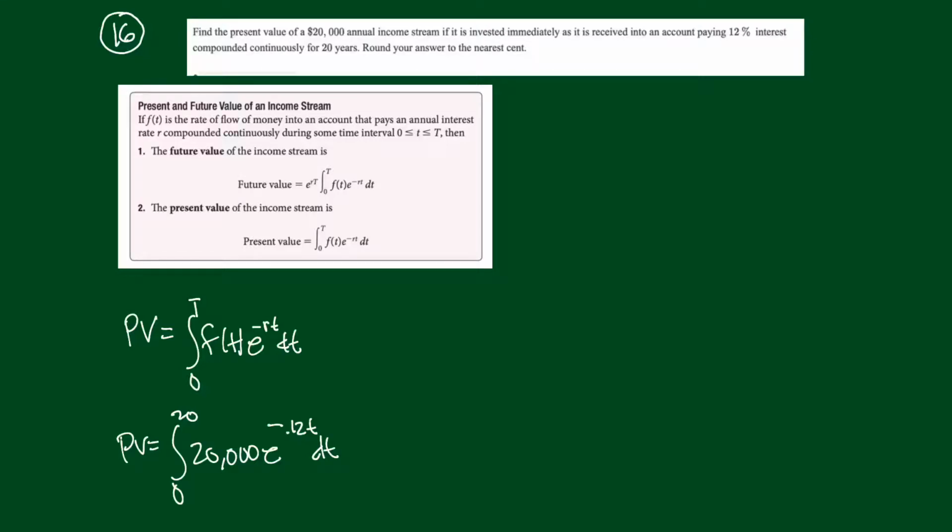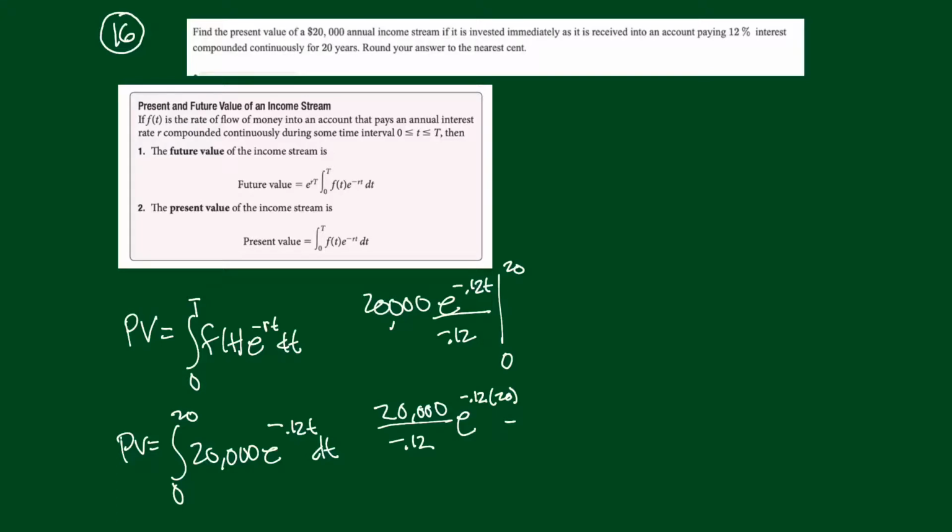All right, so this is going to give us 20,000 e to the negative 0.12t over negative 0.12 from 0 to 20. So what are we going to get here? We're going to get 20,000 divided by negative 0.12, times e to the negative 0.12 times 20, minus, now what happens here?